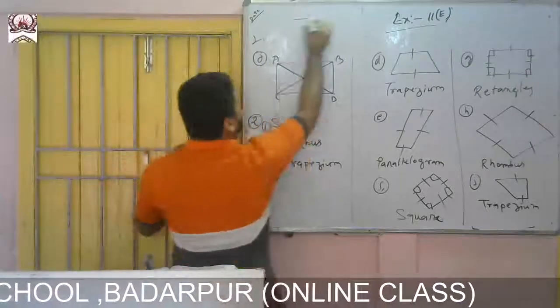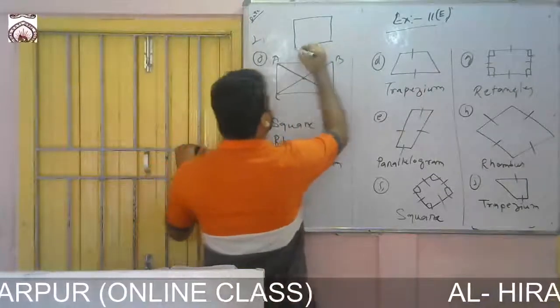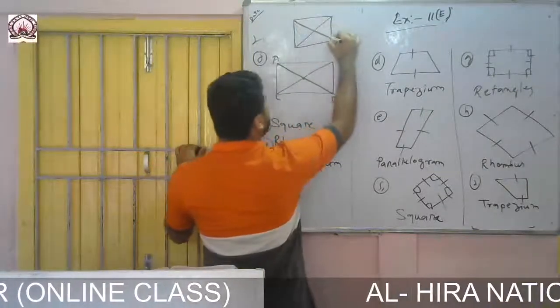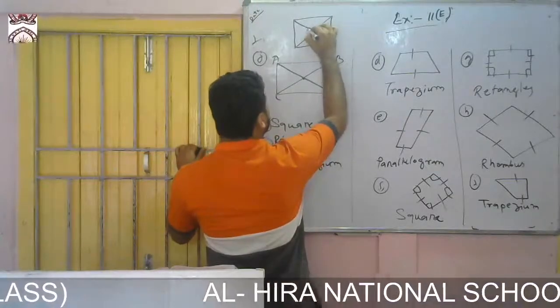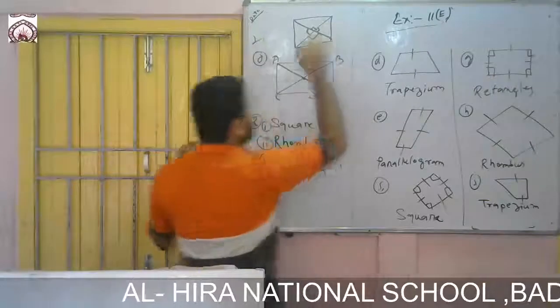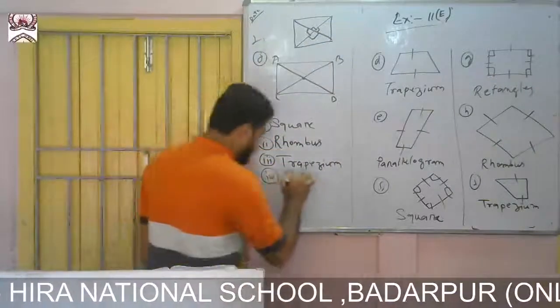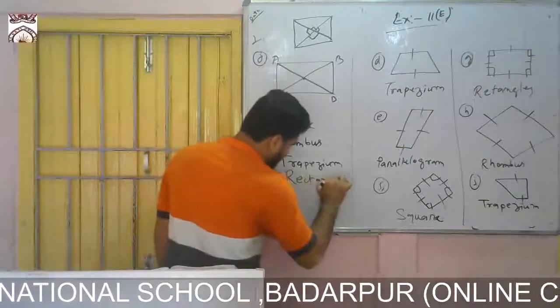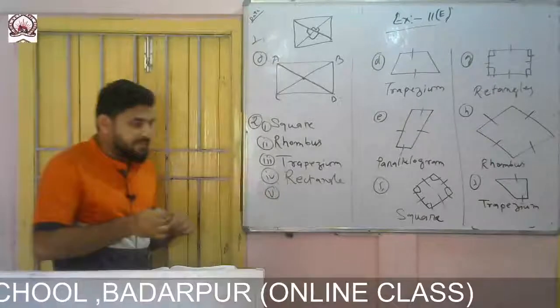But if I draw the diagonals of a square, then these diagonals are equal, and at the point of intersection they make 90 degrees. So it is only a rectangle.